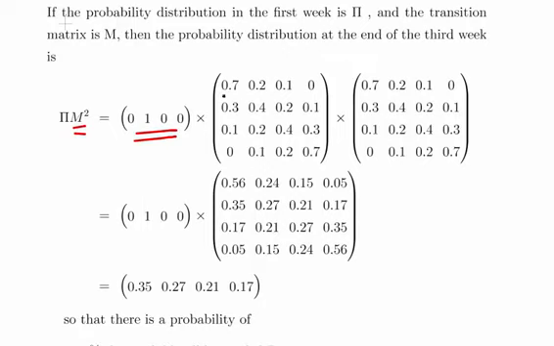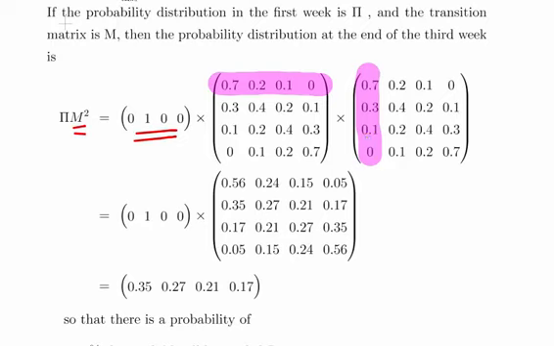So essentially this is a big long matrix calculation, and it'll take a while to do. But I'll just do one briefly. The top corner cell will be the top row multiplied by the first column: 0.7 times 0.7, 0.2 times 0.3, 0.1 times 0.1.